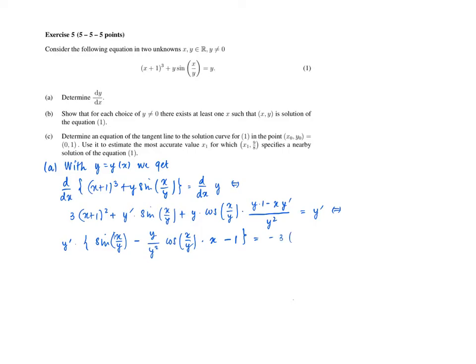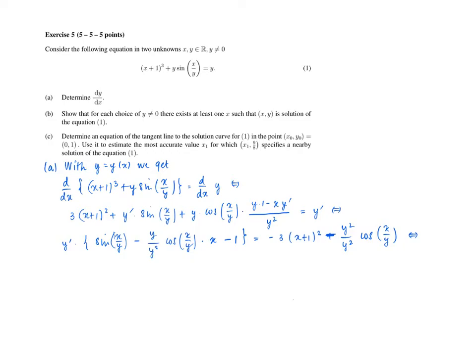And anything else we put to the right hand side of the equality. So we get 3 times (x plus 1) squared will go to minus 3(x plus 1) squared, and we get another term depending on y and x only, and not on y prime, which is y times, well, we collect these terms, and we get this expression here.